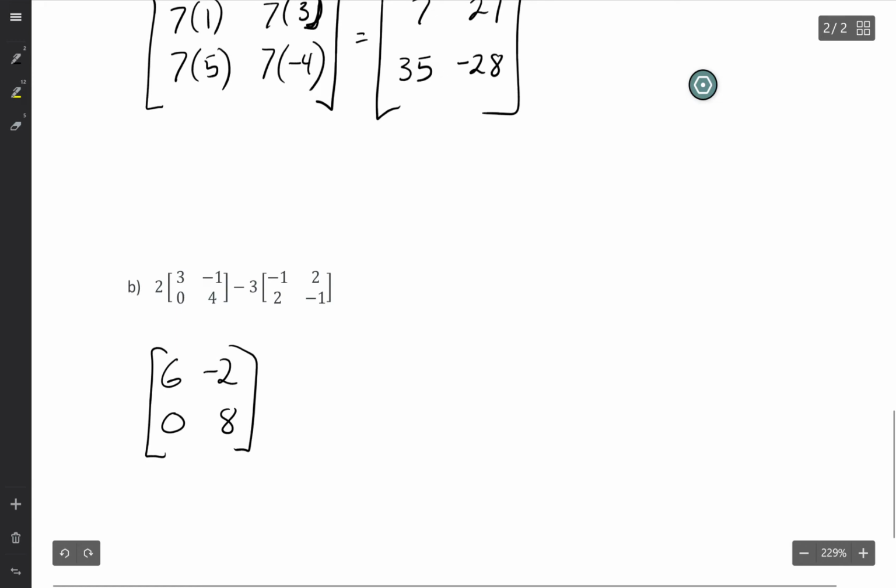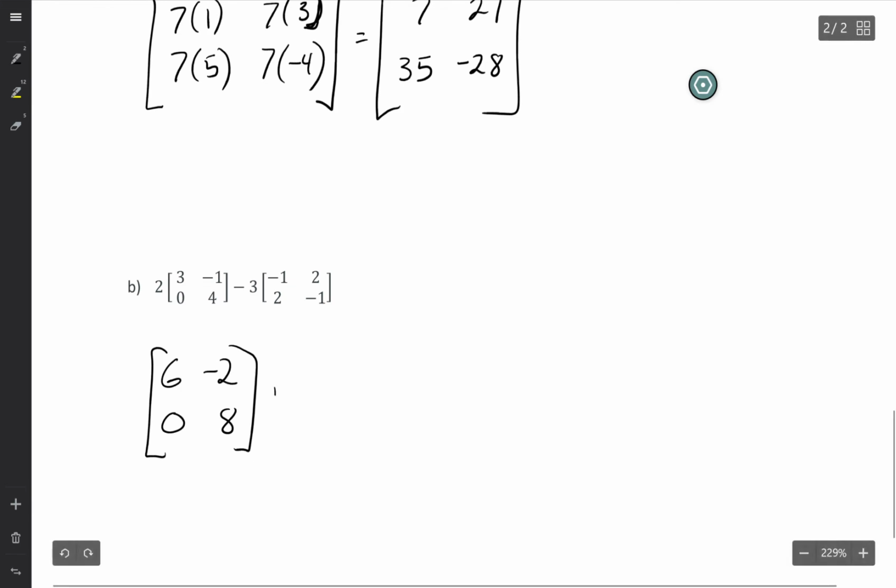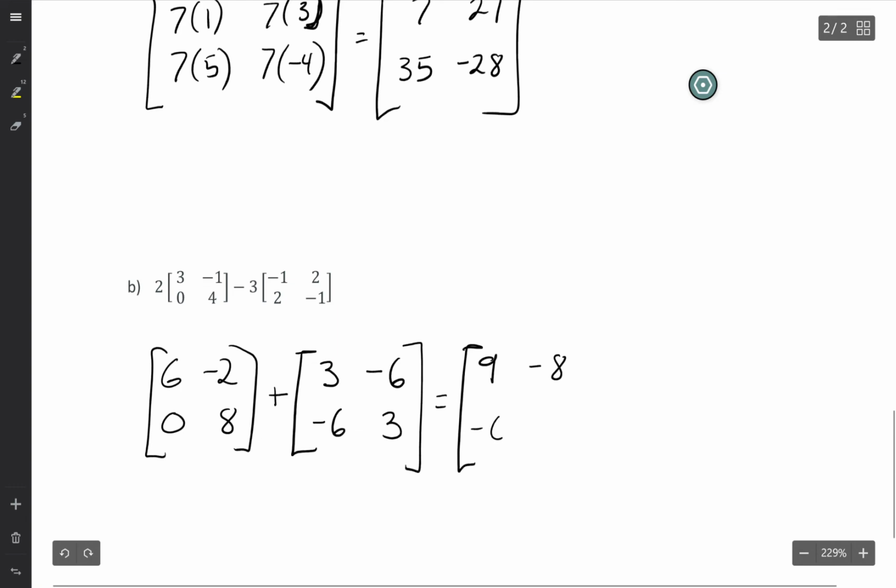You can either distribute the negative in and change it to plus, or leave the negative on the outside and just put the 3 inside. I'm going to distribute the negative in to make it plus. So this becomes positive 3, negative 6, negative 6, positive 3. And then I'm just going to add these two things together. So I get 9, negative 8, negative 6, and 11.